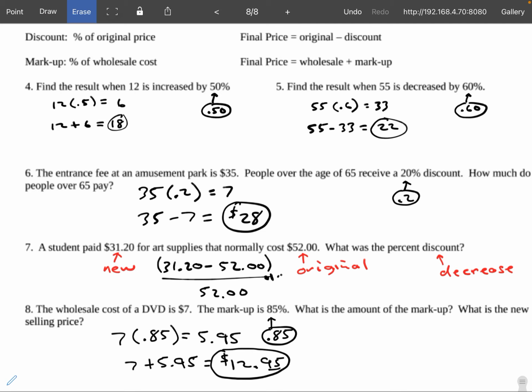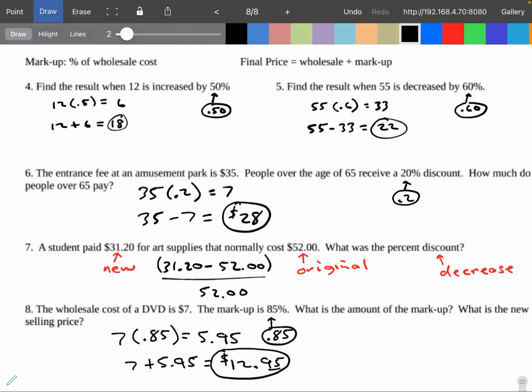And then we're going to remember to put that in parentheses also. I don't know if you guys can see that times 100 in there very well. It's supposed to say times 100.